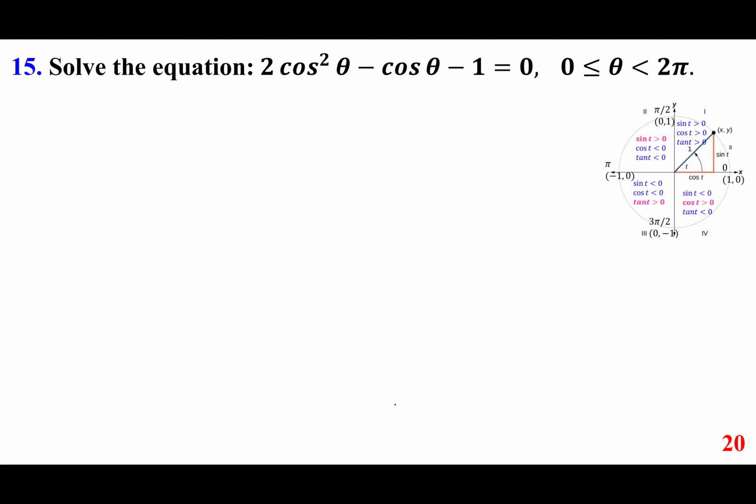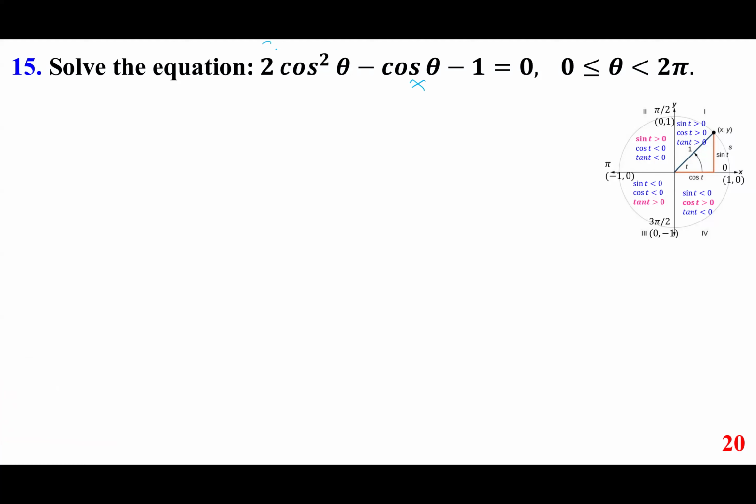2cos²θ − cosθ − 1 = 0. We're going to do the factoring. If need be, class, you can change this and say, let's say this is x.